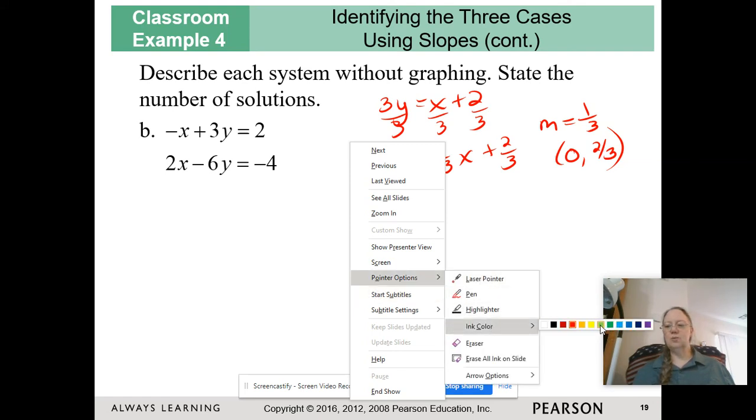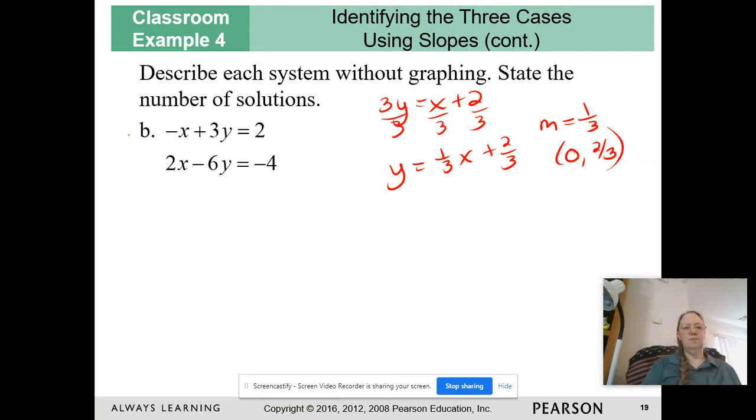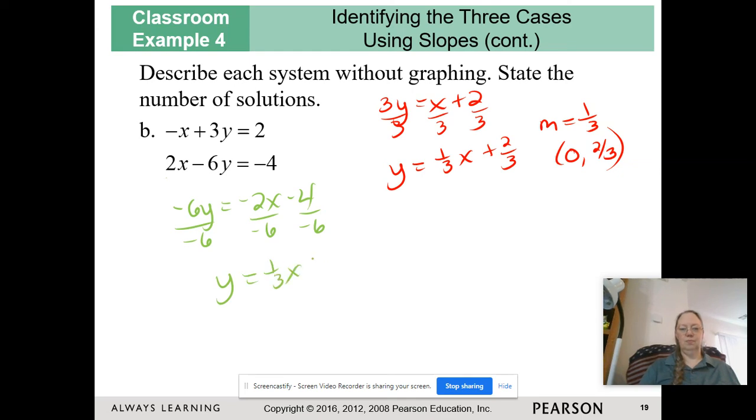Let's do whatever color this is. I'm going to subtract 2x. Divide by -6. So my slope is 1/3, and my y-intercept is 0, 2/3.